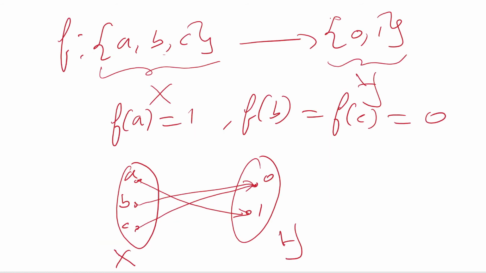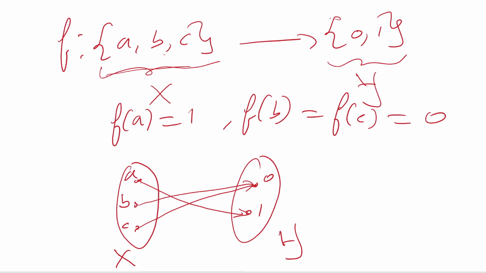Then we have to check this part. Let me go back there. Every element in the domain maps to something in the codomain. You can see that a maps to 1, b maps to 0, c maps to 0. So that first part is true. Now we also want to make sure that every element in the domain maps to only one element in the codomain.